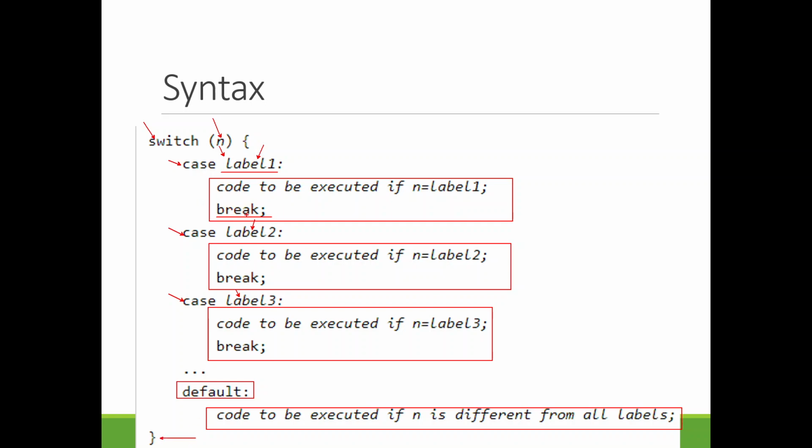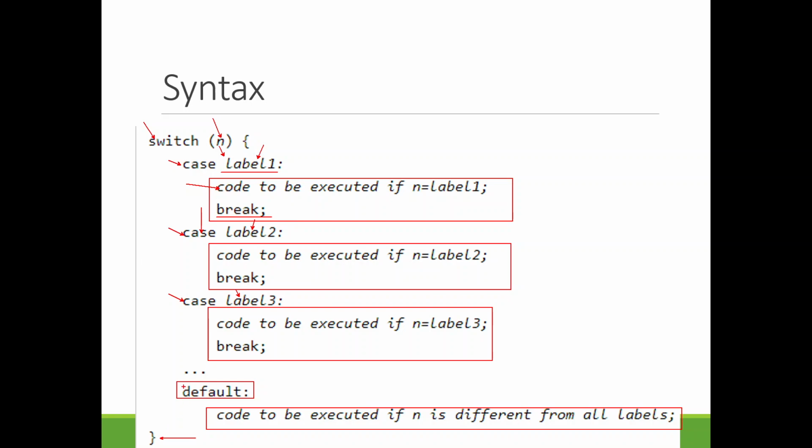Otherwise, if we don't have break, then it's simply going to execute the next line. But we don't want that. We want after this, because this case has matched, we only want it to execute this code and get out of the switch, because that's the purpose of the switch.